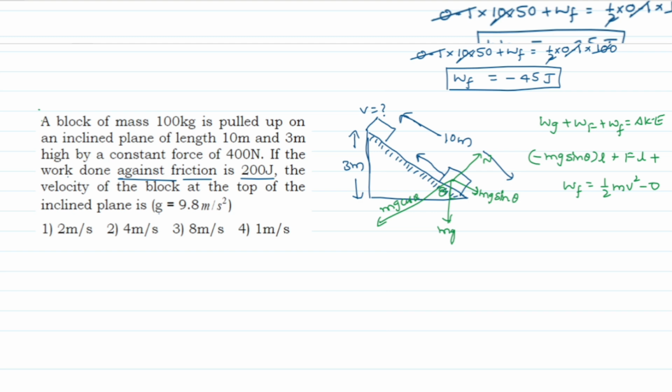Here the mass is given as 100, so you just substitute the values: 100 into g value 9.8 into sin theta into L. From the triangle, sin theta is opposite side by hypotenuse, which is 3 by 10, where 10 is the length of the inclined plane.